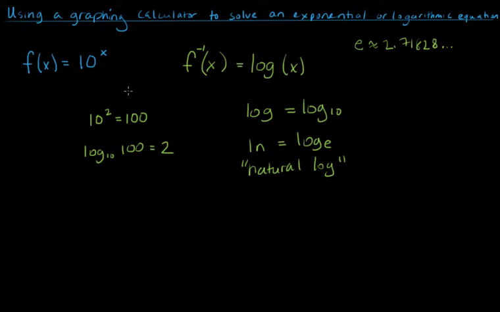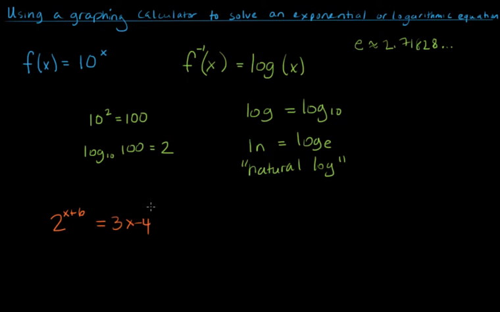For now, in these kinds of problems, you're going to get a couple of functions. It will give you something like 2 to the x plus 6 equals 3x minus 4, and it's asking you to solve for x.